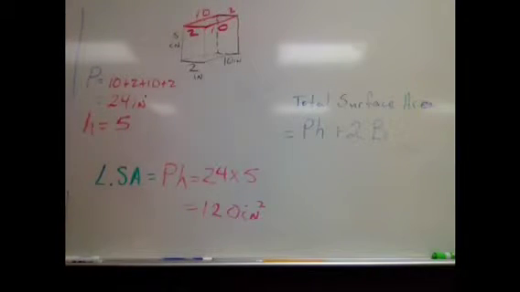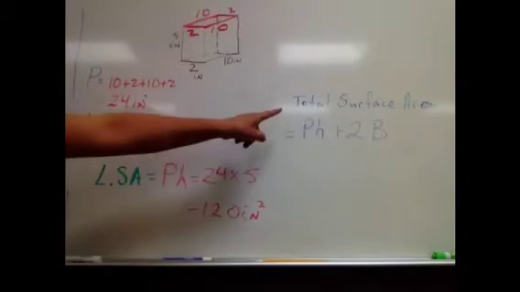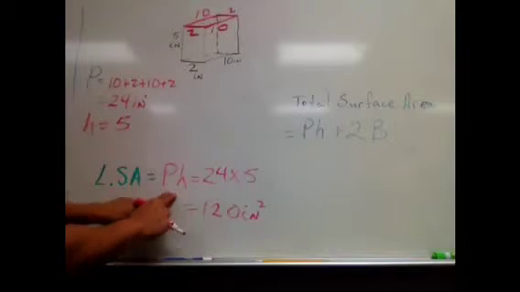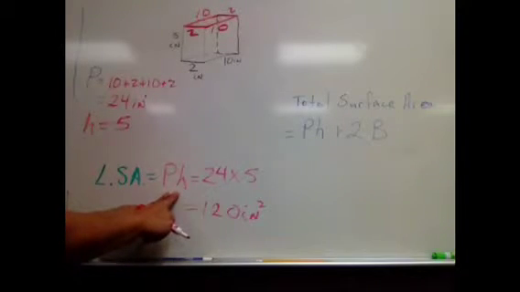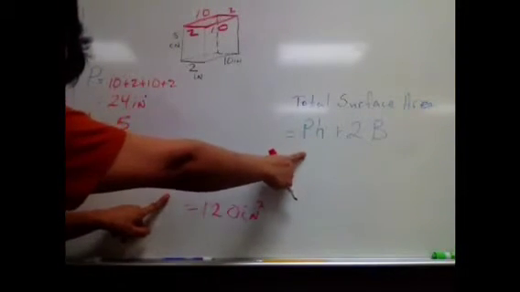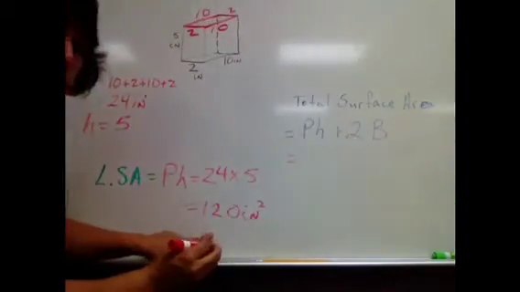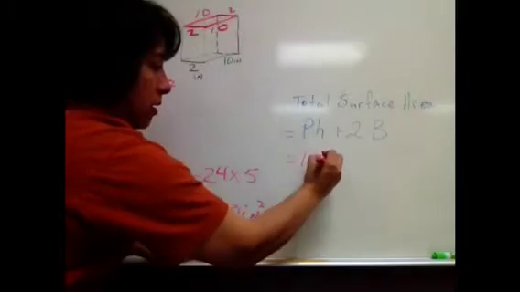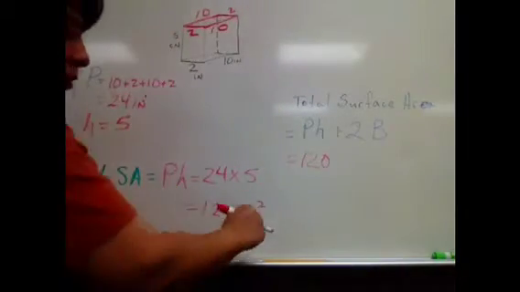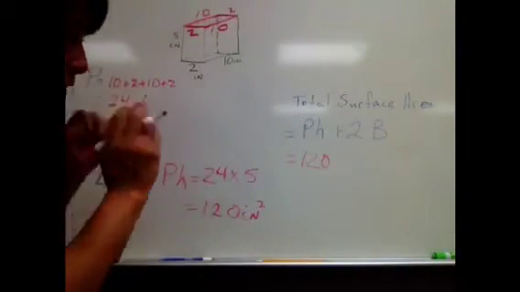Okay? Now, that goes right here, right? We just saw perimeter times the height. We're going to put that right there. Do you see that? Total surface area, that's our first part. So I'm going to go ahead and put it in there now. Okay, 120, and remember this is going to be inches squared. We'll remember that for the end.